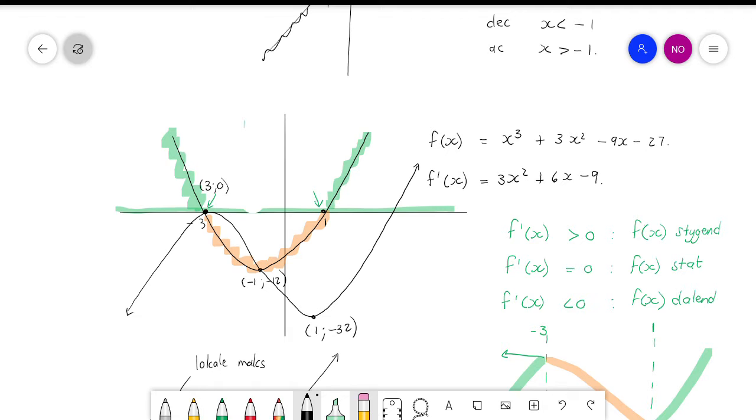Kan jy iemand daar sien? Nee, ek dink dalk is hy by die voorste hek. So ek het nou gesê hy moet omkom daai kant toe. Okay.